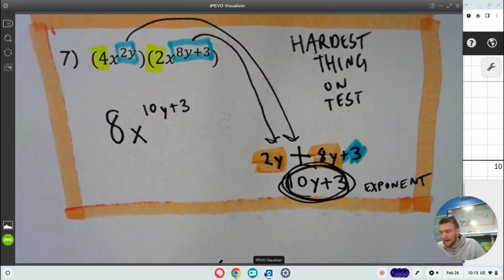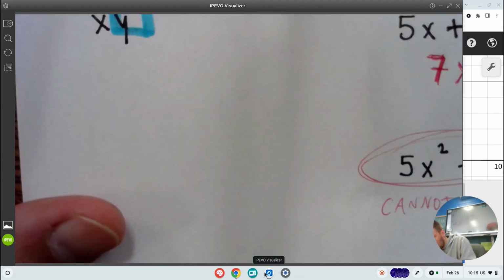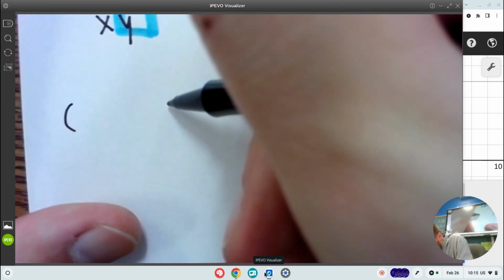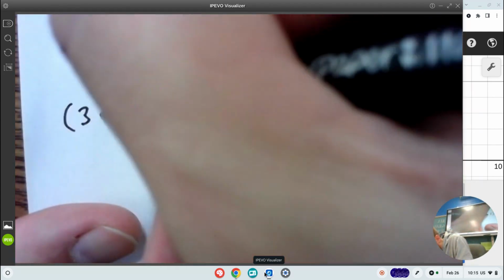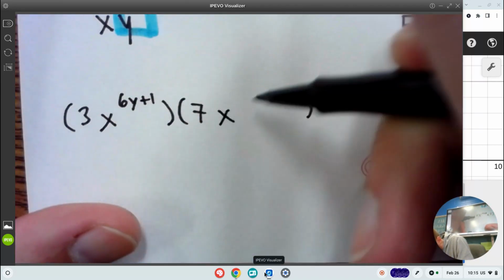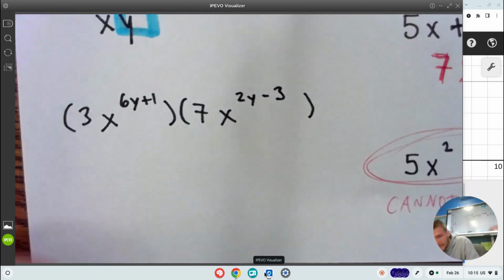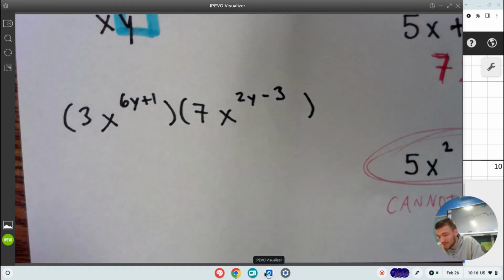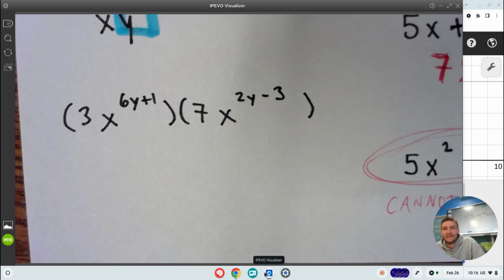Okay? I'm going to do a little bit of a question down here just to show you that you can totally do this. Okay? We'll do parentheses like this. We'll do maybe 3 and 7. We'll do x with a 6y plus 1. X with a 2y minus 3. And so this one's theoretically even harder than the last question because we have a little bit more complicated exponents.